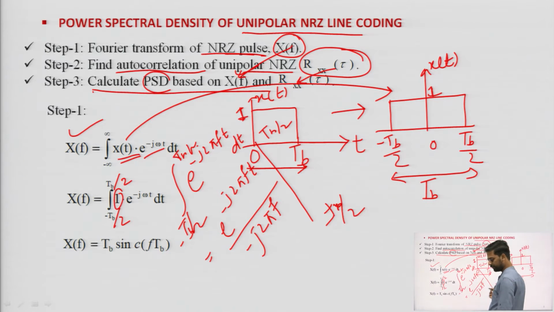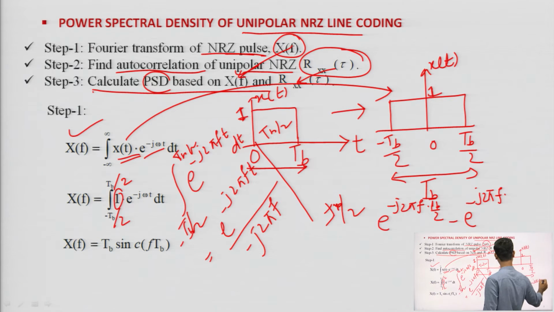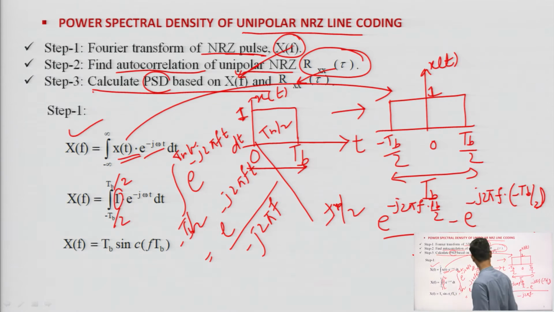Now I will get e to the power minus j 2 pi f, in place of t I put TB by 2, minus e to the power minus j 2 pi f into minus TB by 2, divided by minus j 2 pi f. Now the 2 will cancel. As minus is there, I will write the first term and second term.